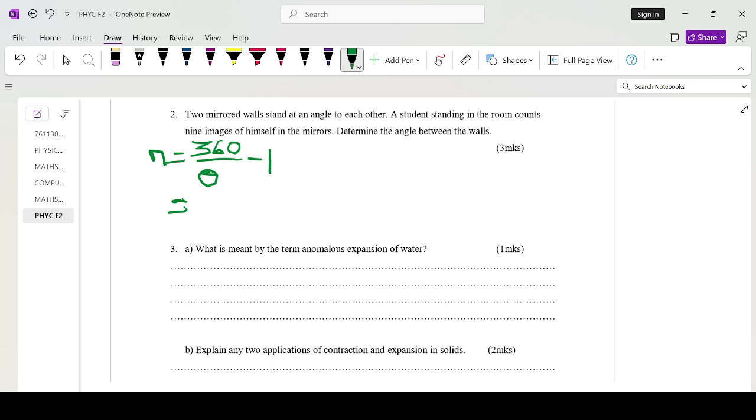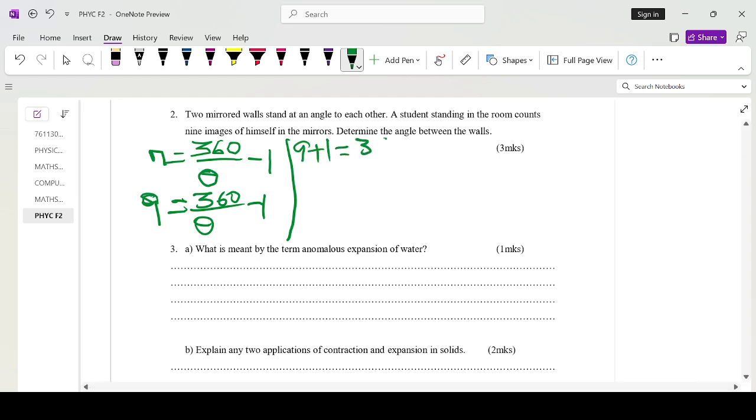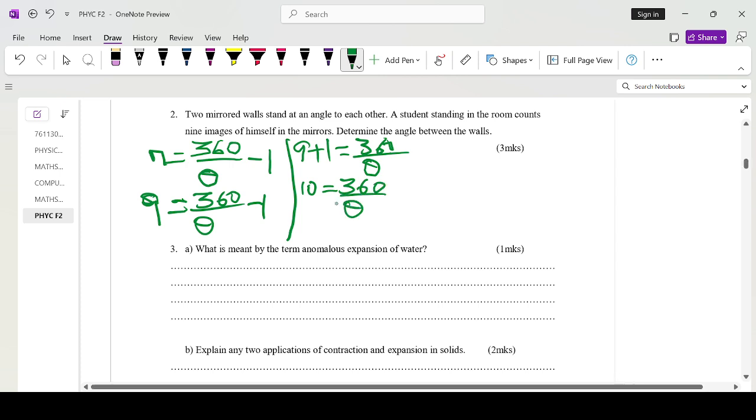We are now having 9 images, so 9 is equal to 360 over theta minus 1. Collecting like terms, that will now be 9 plus 1 equals 360 over theta. So that is 10 is equal to 360 divided by theta.